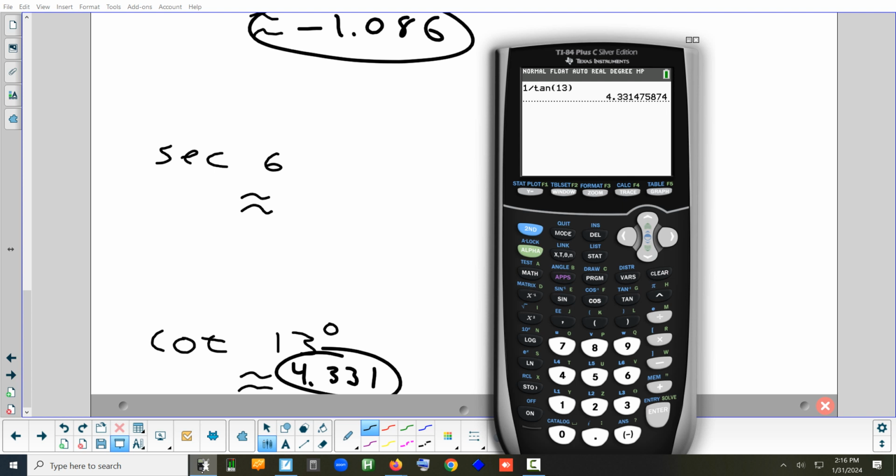And the last one, how would you read that one? Secant 6 radians. And how do we type it in? Secant is 1 divided by cosine. Yep, flip the cosine. So 1.041.